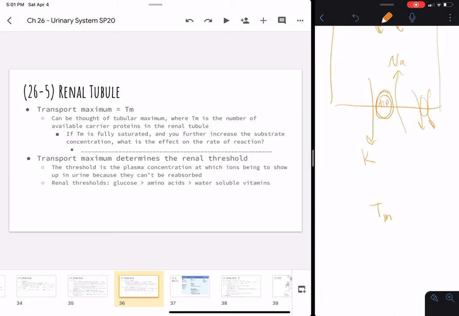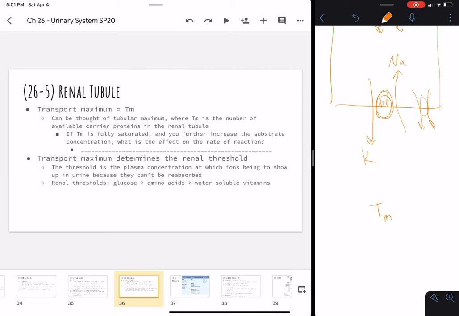If they're all fully saturated and you further increase the substrate concentration, you're not going to be able to undo the saturation. You still have to wait for all of those carrier proteins to move those ions across. So that increase in substrate concentration is just going to pass through and not get reabsorbed like it normally should. So you'll end up losing ions in the filtrate as opposed to reabsorbing them.